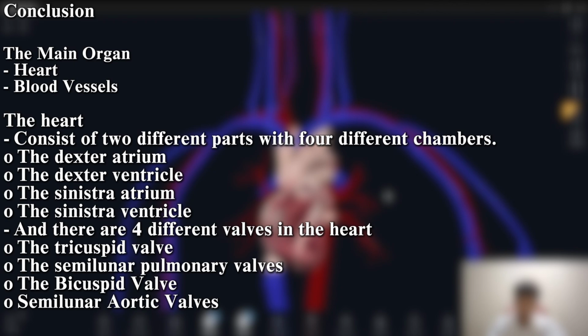And there are four different valves in the heart: the tricuspid valve, which separates the dexter atrium and the dexter ventricle; the semilunar pulmonary valve, which is located in between the dexter ventricle and the pulmonary artery. These valves play a role in preventing the blood from flowing back inside the dexter ventricle. The bicuspid valve, which separates the sinistra atrium and the sinistra ventricle; and the semilunar aortic valve, which is located in between the sinistra ventricle and the aorta.